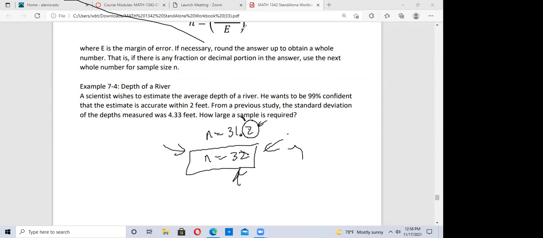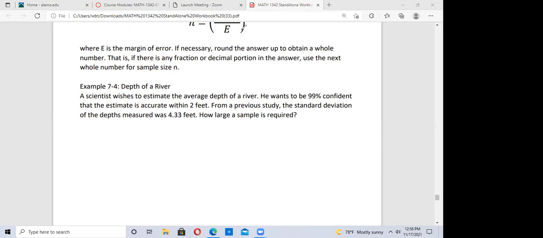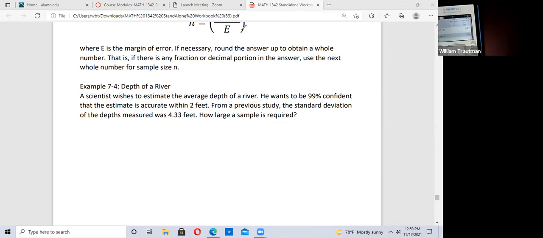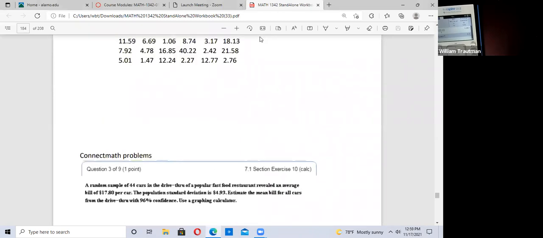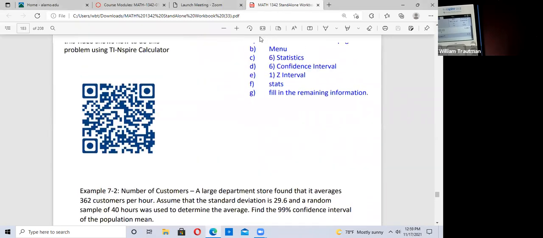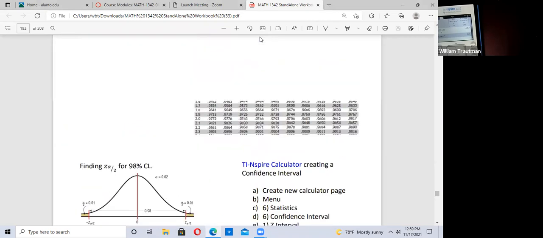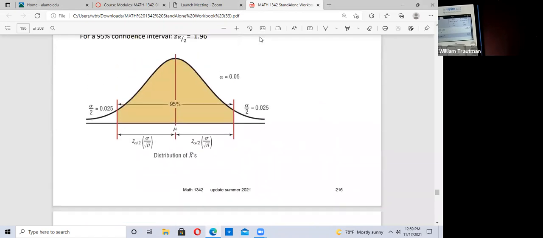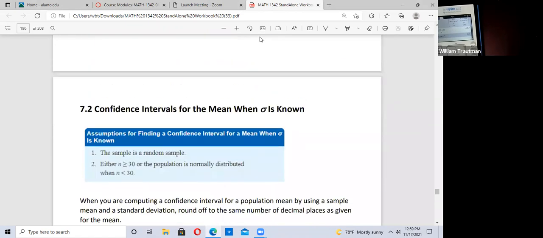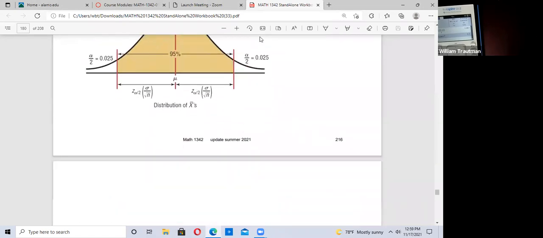Professor, I have a question. Yes, sure. Where did you find the 2.58? Up in the most common parts. I scroll up where we showed it earlier.